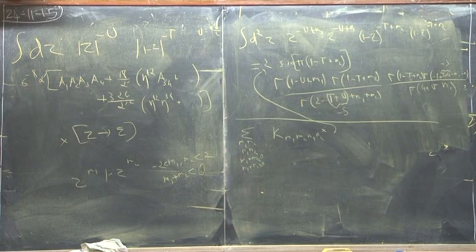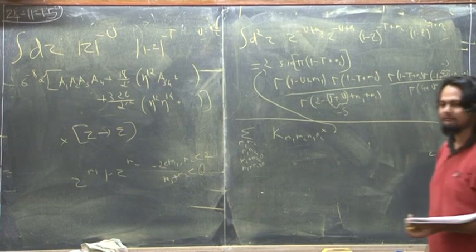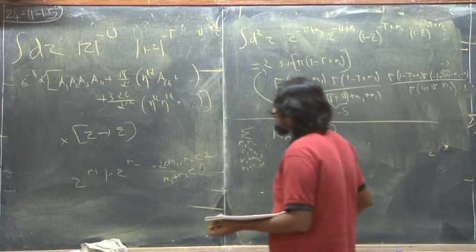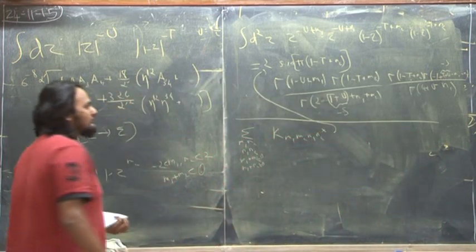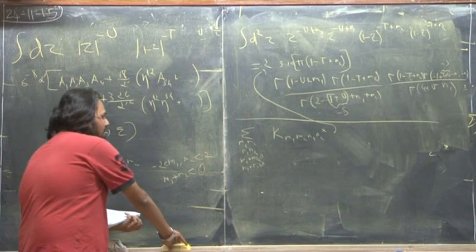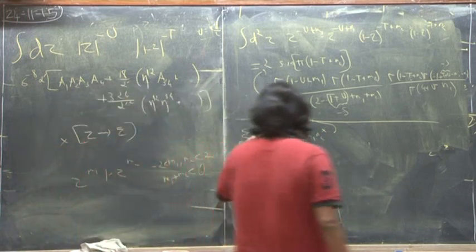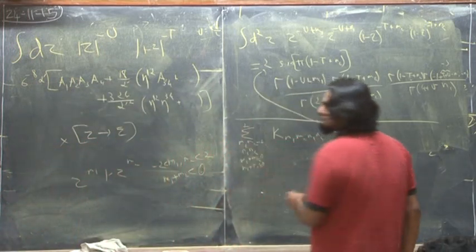Anyway, with this answer we can do a few things. We can look at the poles and we can look at the limits. So the summation that you have goes over what values?